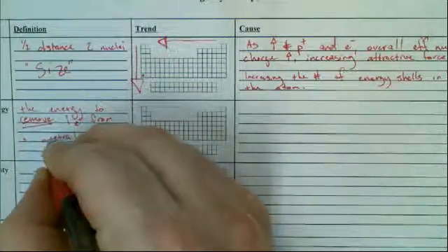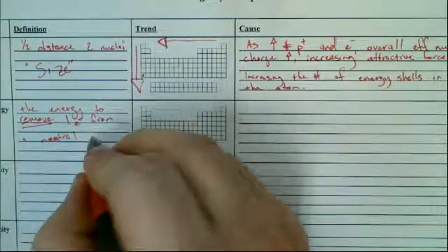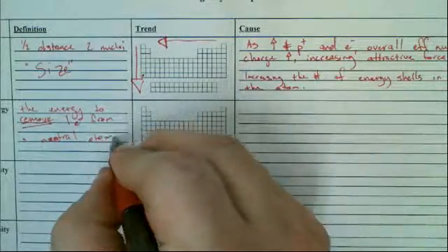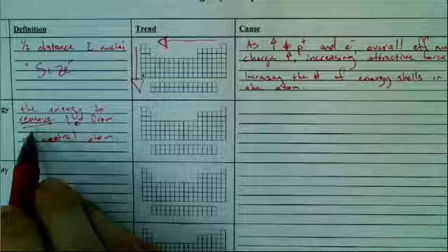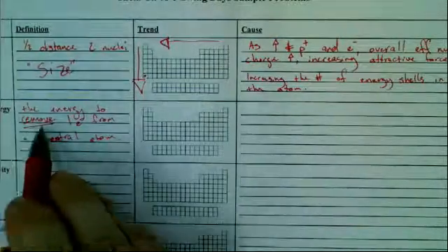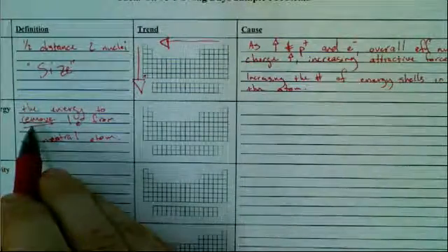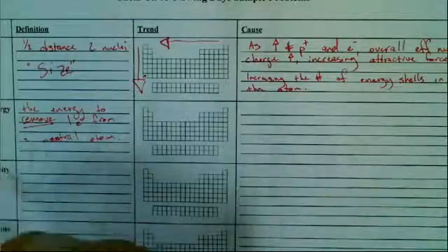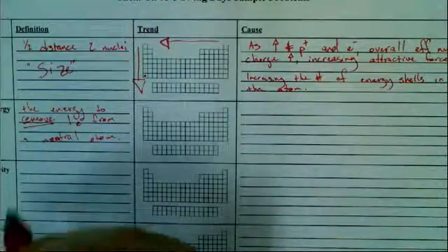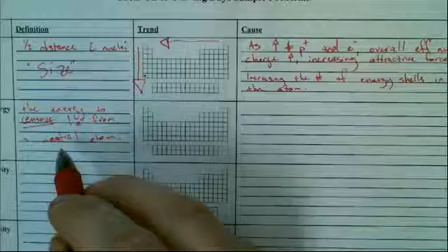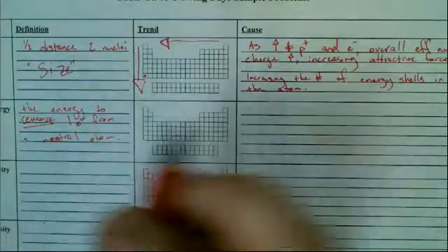That is a horrible spelling, neutral. Okay, so we want to point out here it's removal, because we're going to see with another one that we're actually gaining an electron. So it's from a neutral atom.